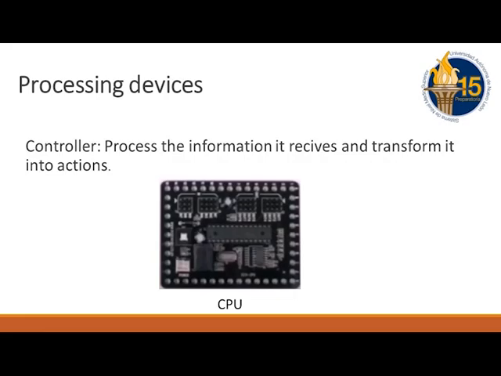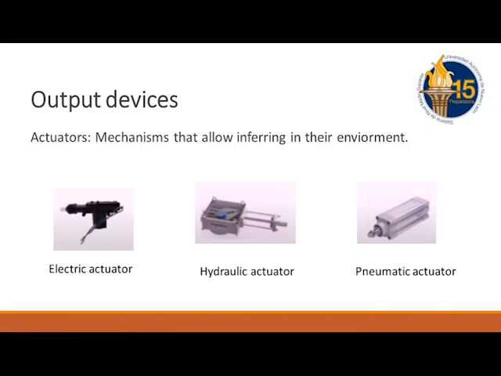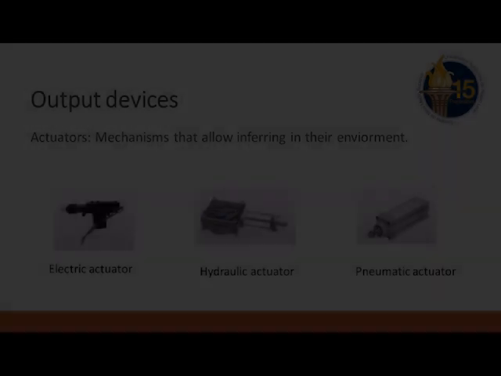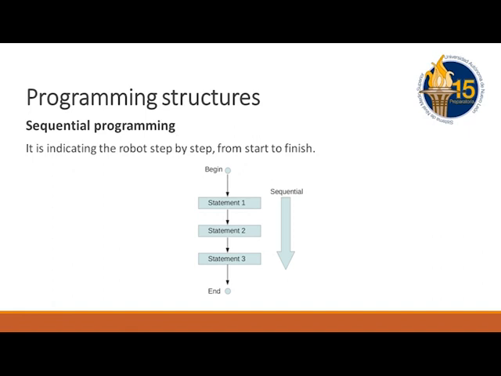It is also made up of the processing devices, that is the CPU, which processes the information it receives through the sensors and transforms them into actions. The output devices are the mechanisms that allow interacting with their environment. They are the actuators.